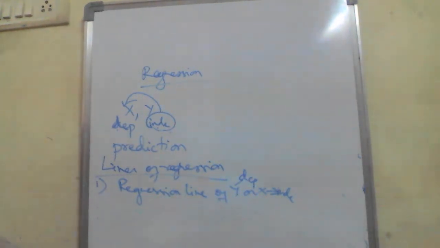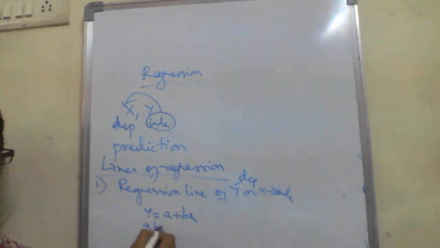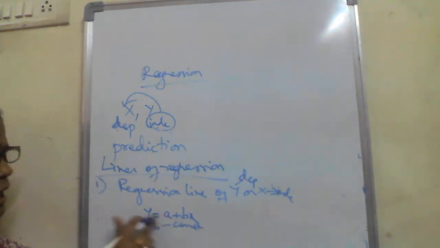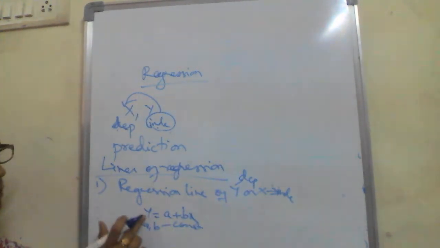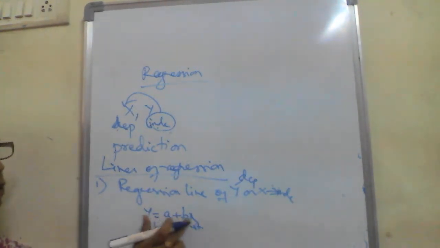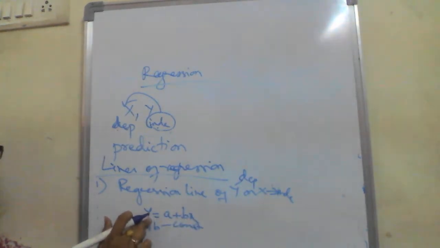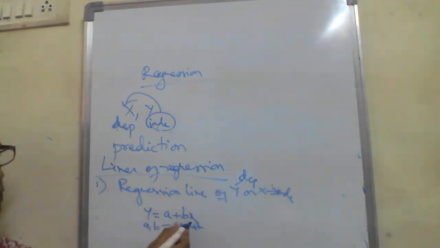The line of regression is y equals a plus bx, where a and b are constants. y is the dependent variable, because you are finding y in terms of x. So y is dependent on x, and x is the independent variable.